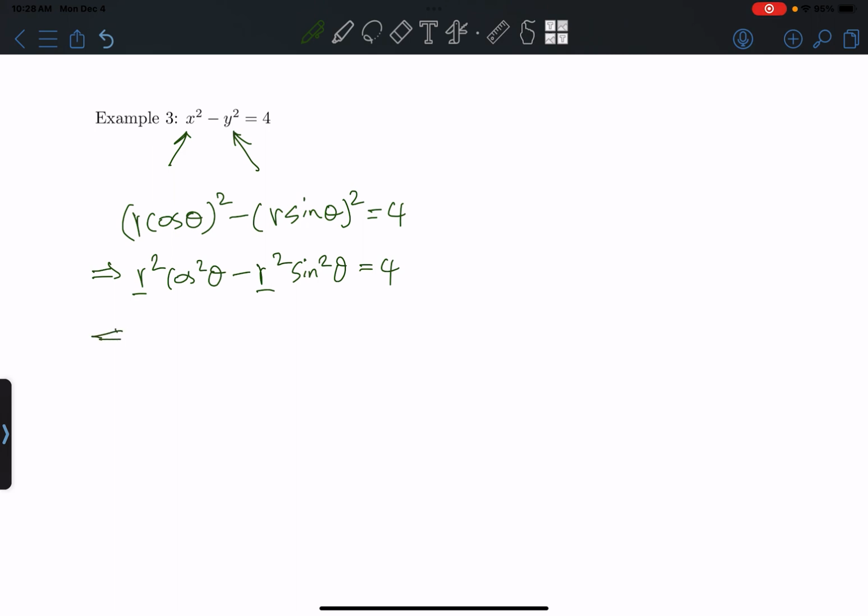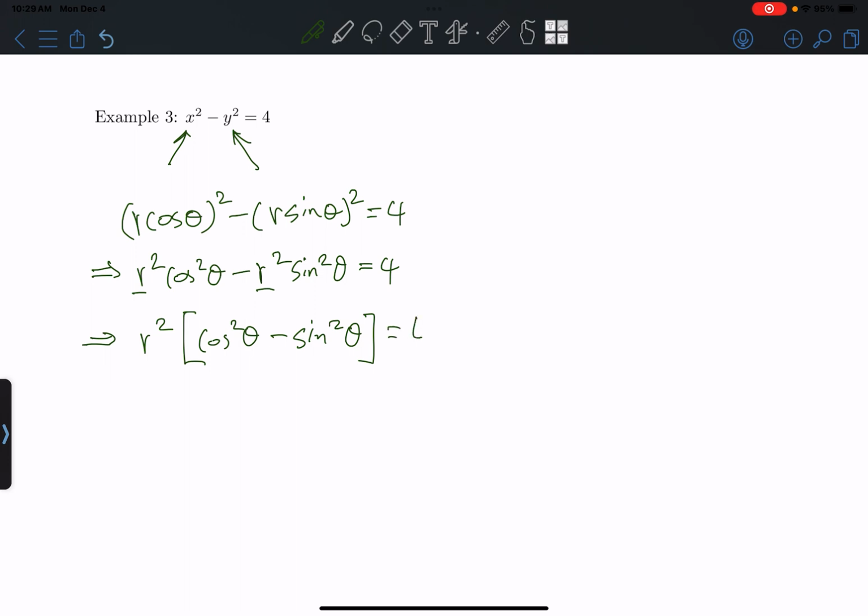I will go ahead and factor that out. So I get r squared times cosine squared theta minus sine squared theta, and again, that equals 4.